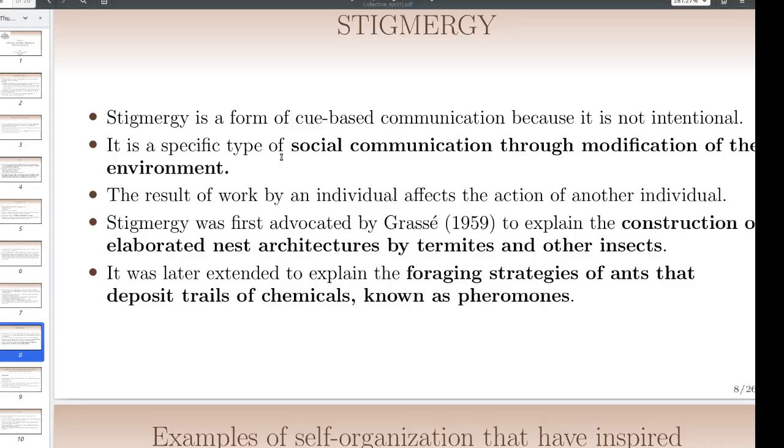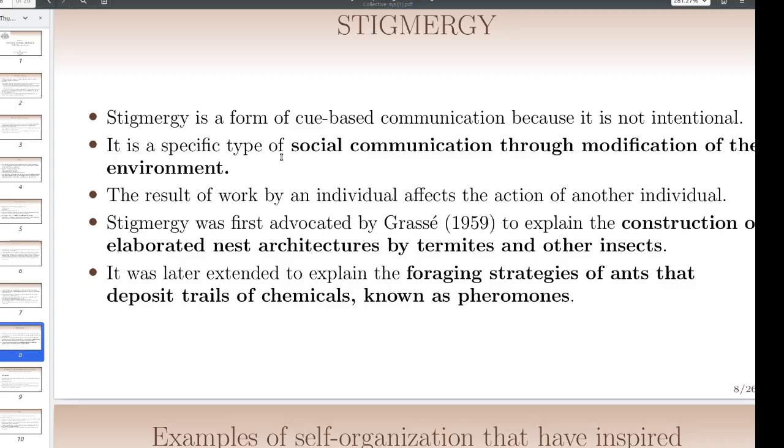Then comes stigmergy. Stigmergy is also a collective behavior, or it is called a cue-based communication behavior, but it is not intentional. It is a type of social communication through modification of the environment. That is, the work done by an individual affects the action of another individual.